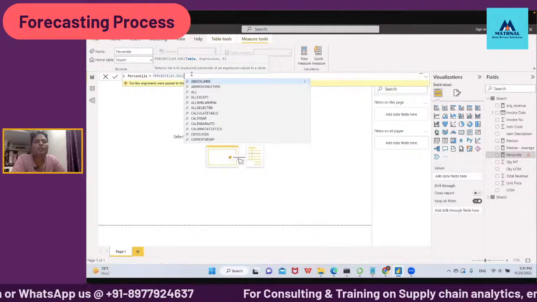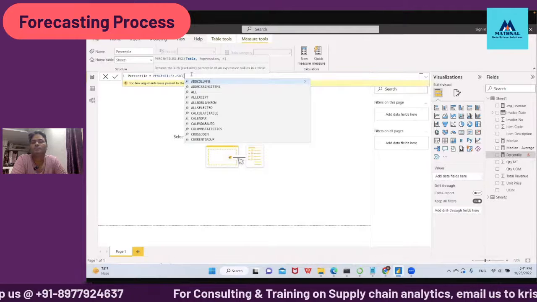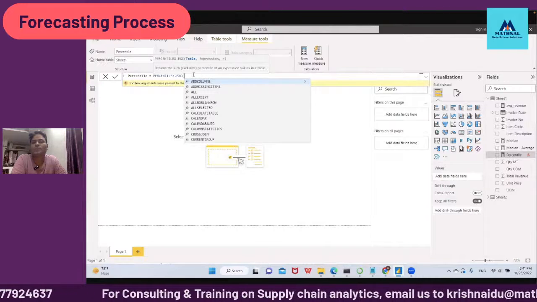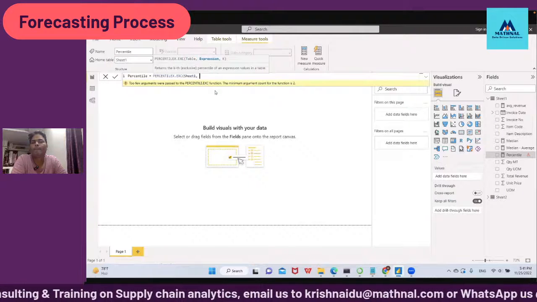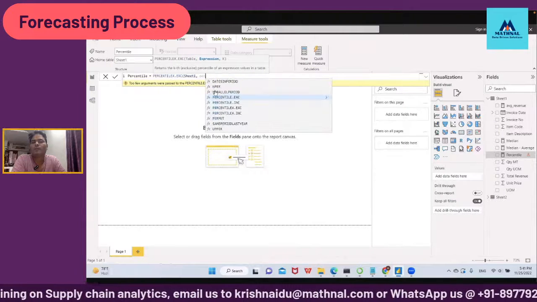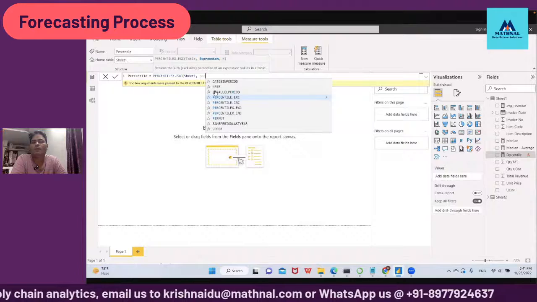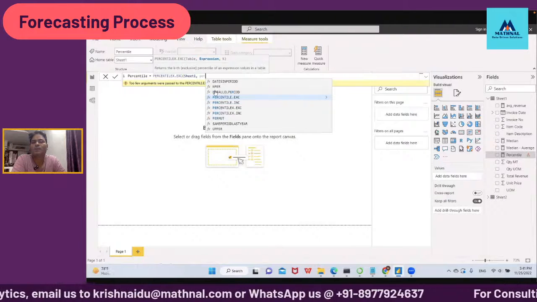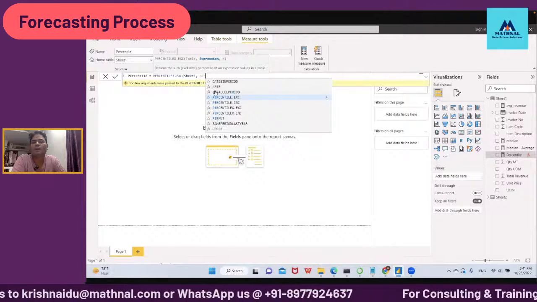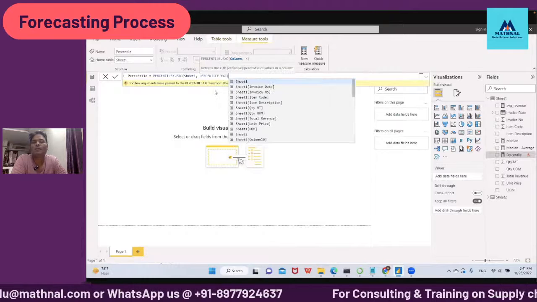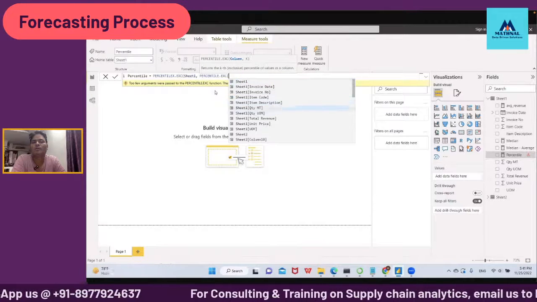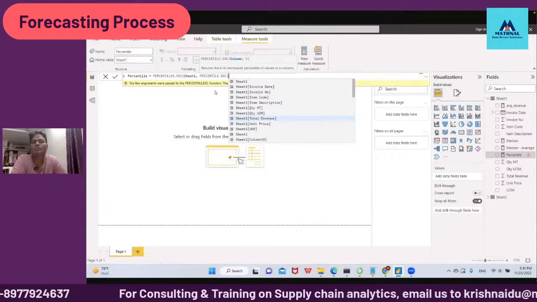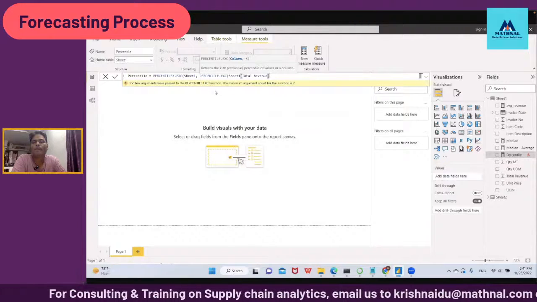Now what are they asking? Table. Table is sheet 1. Comma. Percentile.ex. Again, the column name would be total revenue.